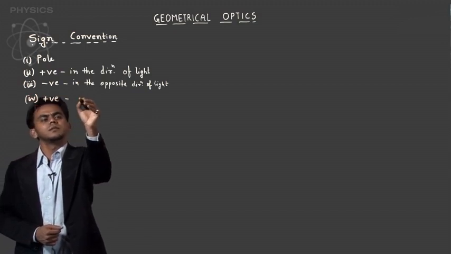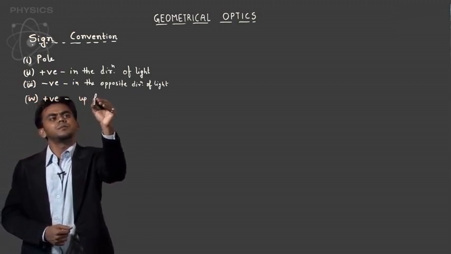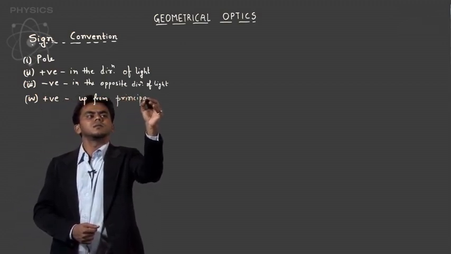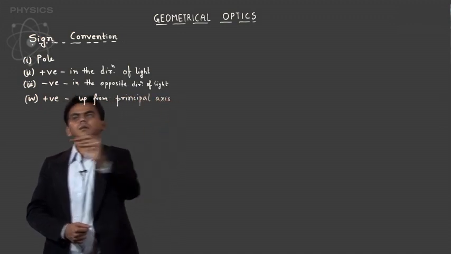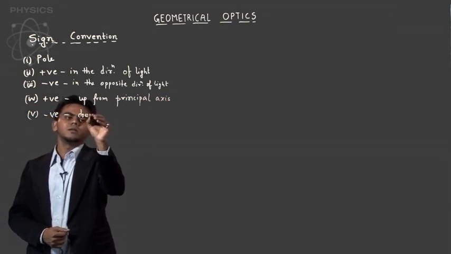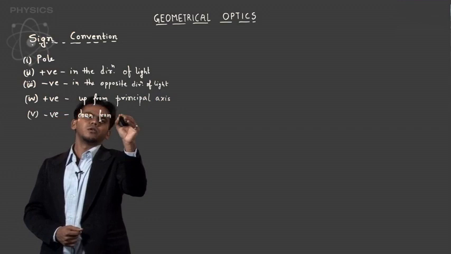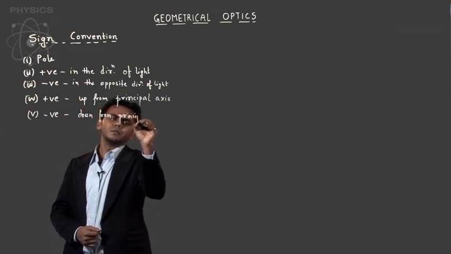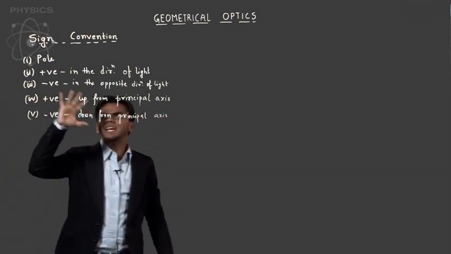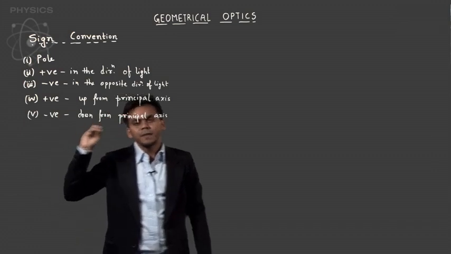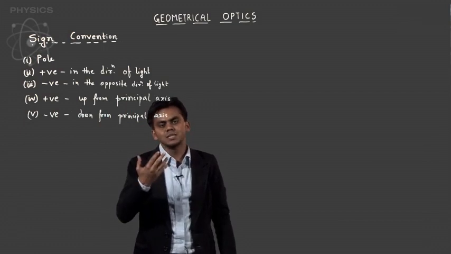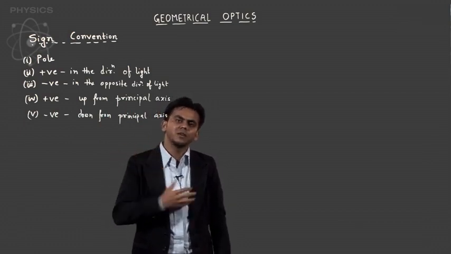Again, positive is up from the principal axis, and to complete it, negative would be down from the principal axis. So if we combine these five points, I can fully understand object distance, image distance, focal length and radius of curvature for a spherical mirror.